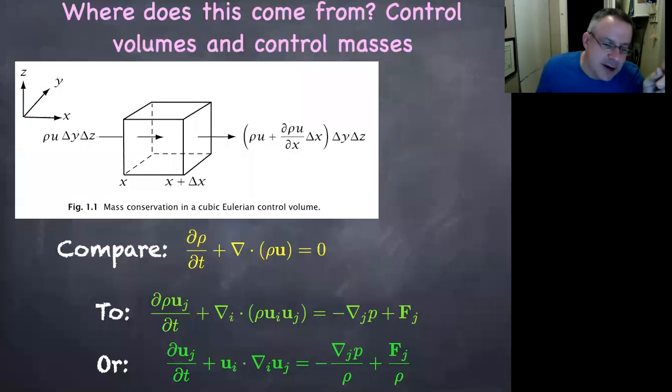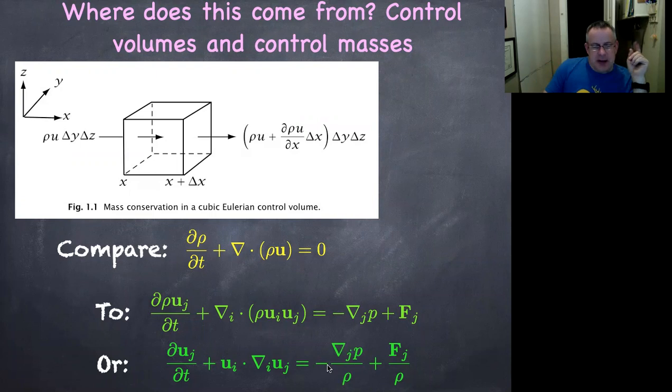And the third time's a charm. Now we have the material derivative of the u_j on this side. Over here, we've got the gradient of pressure divided by density with the minus sign that it should have had. And then the body force is also divided by density.